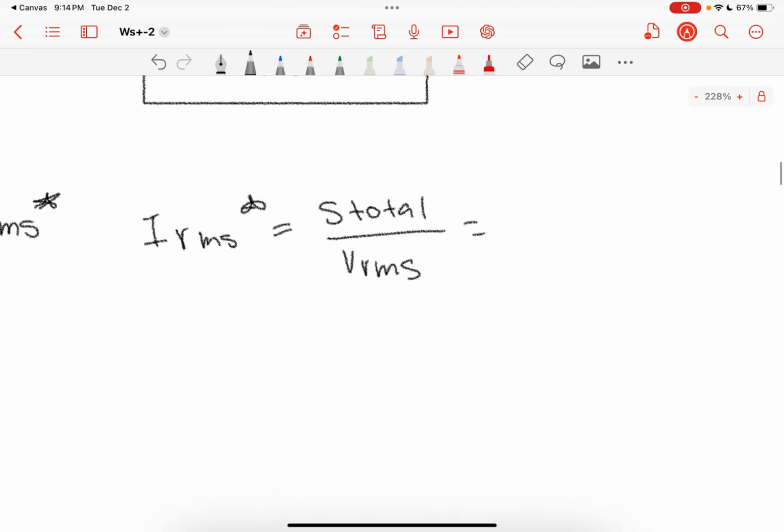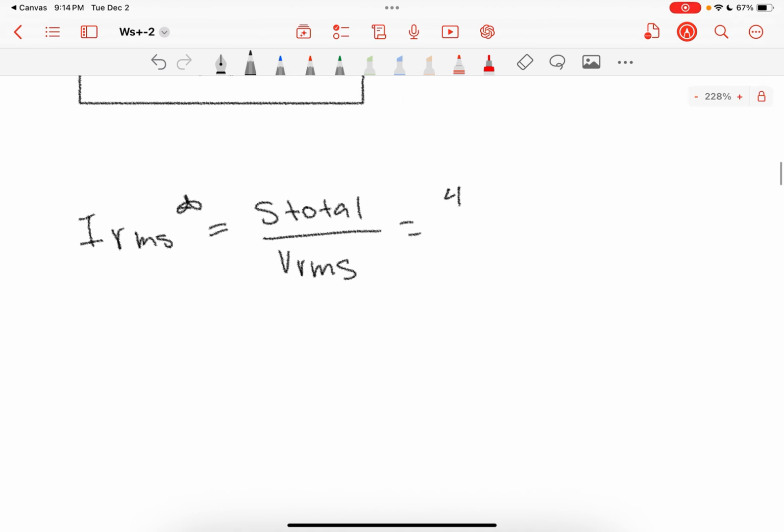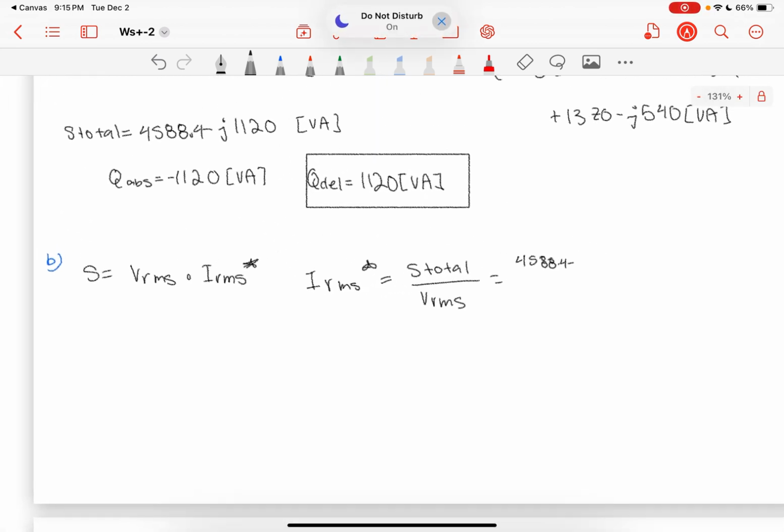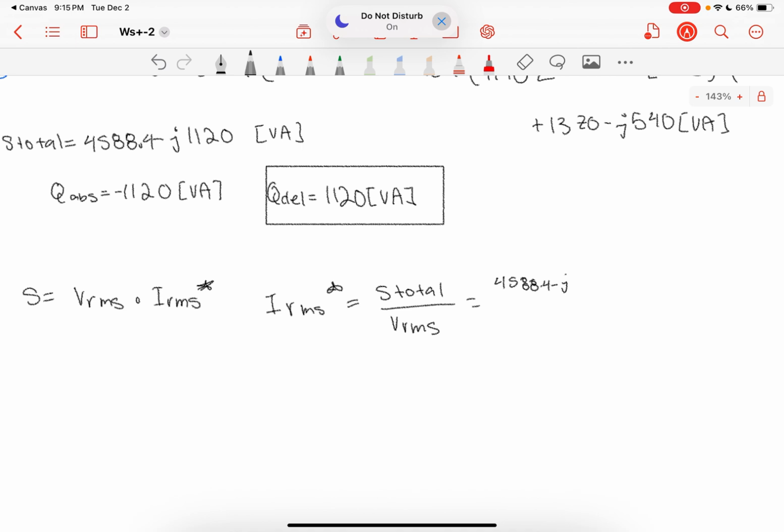So this is going to be minus J1120 over 370 over the square root of 2, angle negative 102.